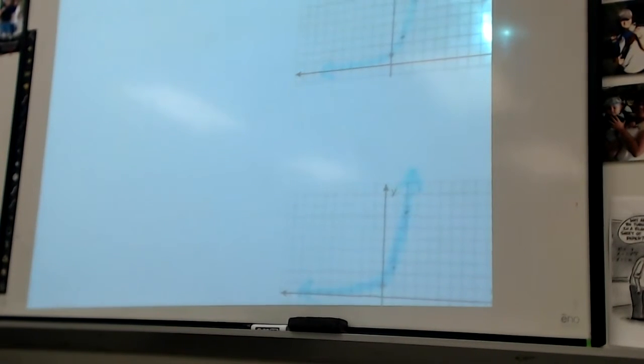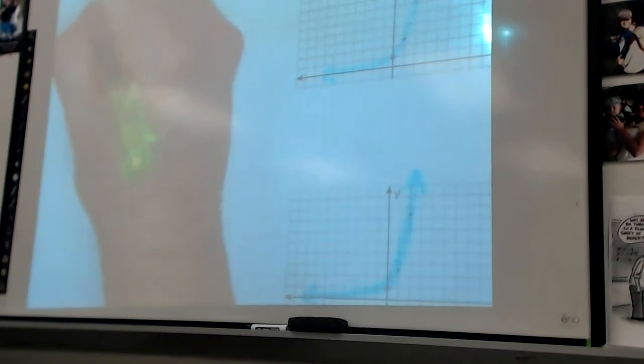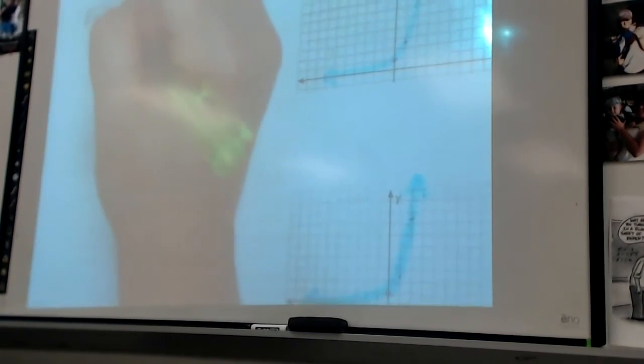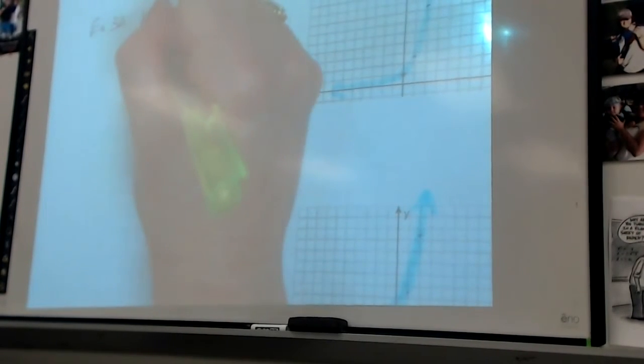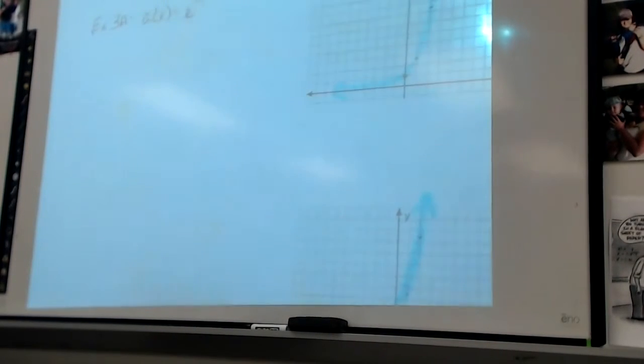All right, so now let's do some transformations. Example 3a. We want to do f of x equals e to the 4x power.